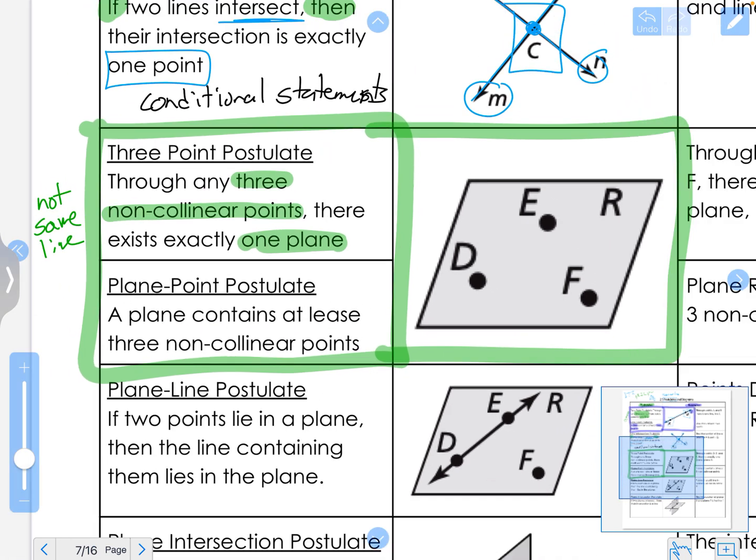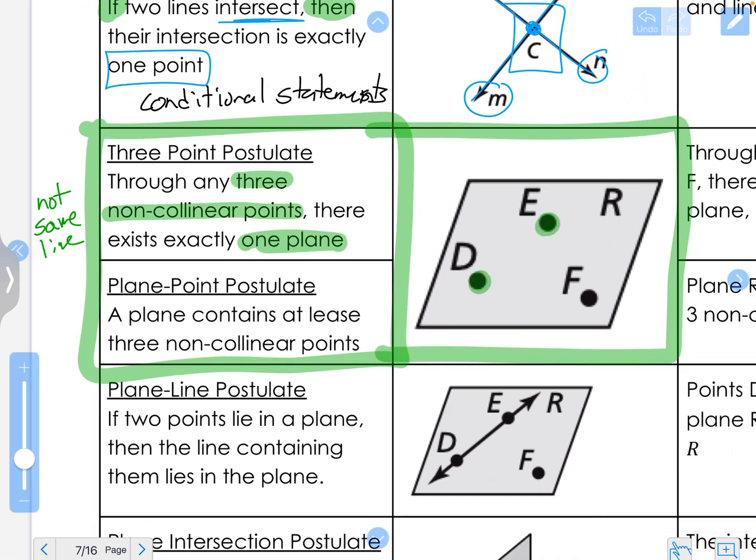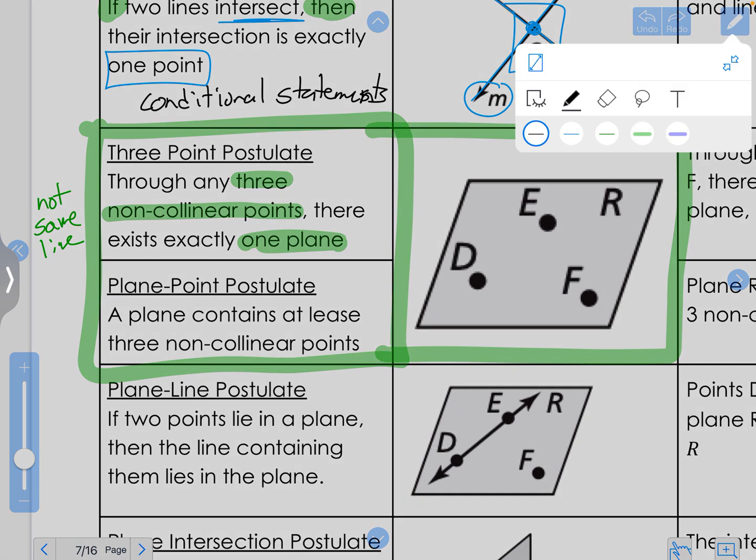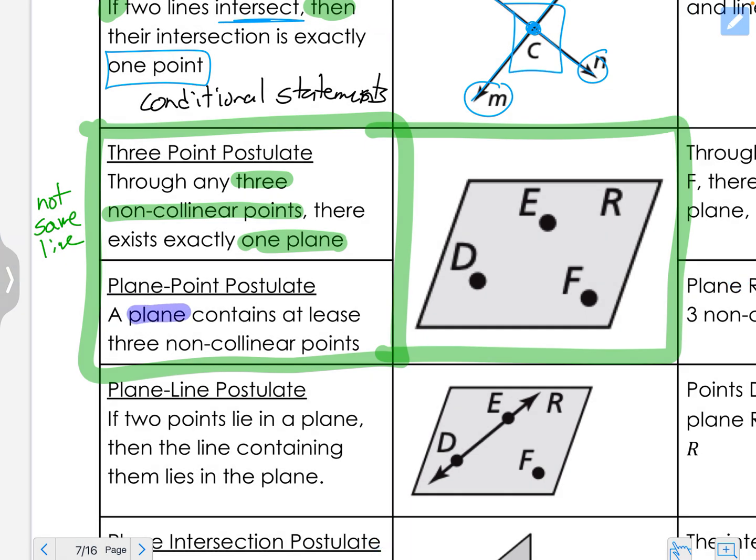So if we look at this picture, we have points E, D, and F, and because we have 3 points and we cannot draw 1 line through all of them, then we have 1 plane, plane R. So the converse of that, or put in the opposite order, is a plane contains 3 non-collinear points. So if we start with plane R, we know for a fact that there are at least 3 non-collinear points.